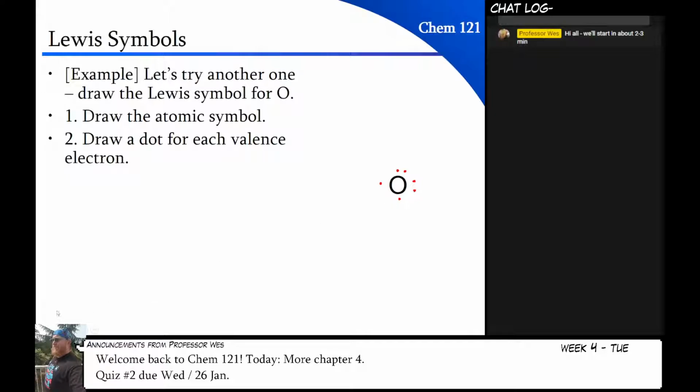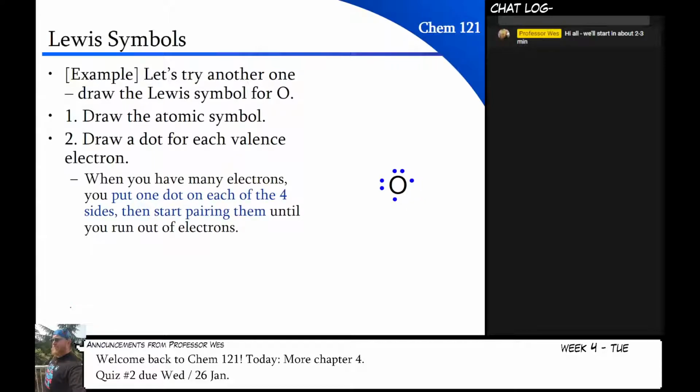Now, interestingly, it does not matter which side you put your dots on. So this is also an acceptable answer, as would be this, where I have the pairs opposite from each other. That's totally okay too. So any orientation where I have 2 pairs and 2 unpaireds is fine.